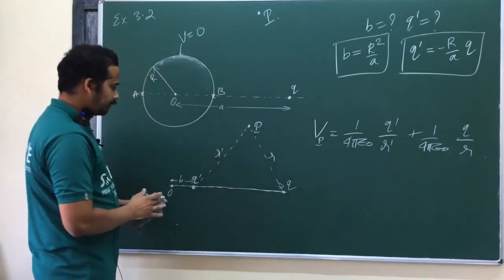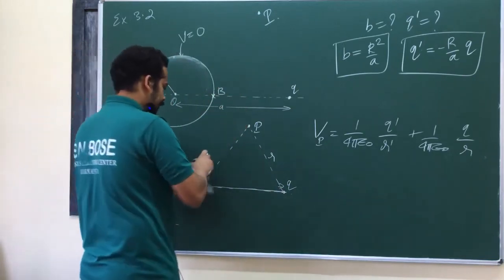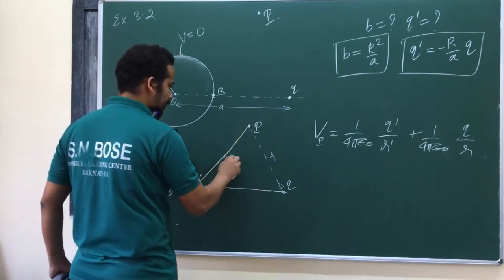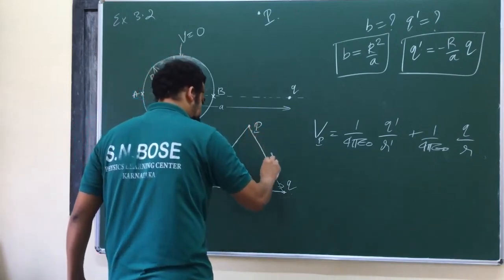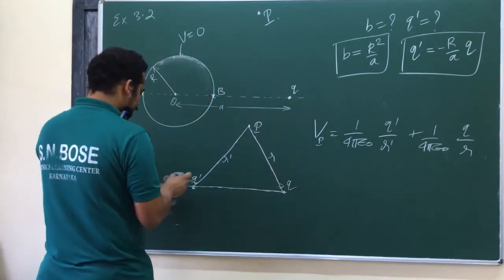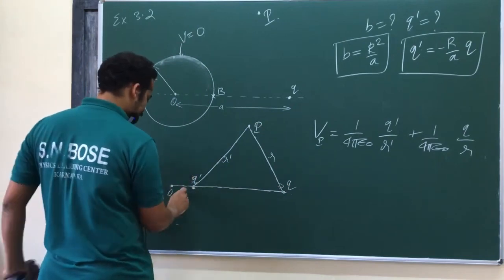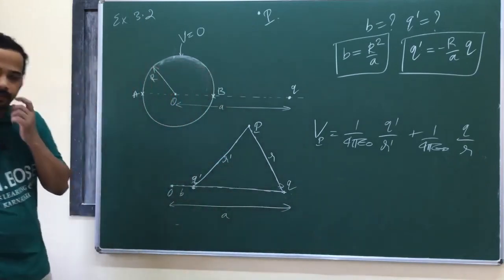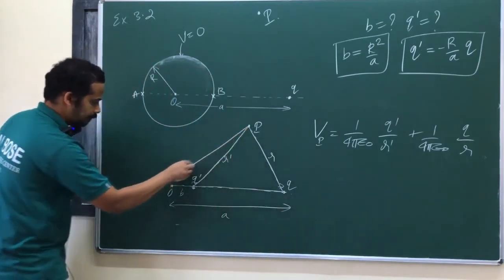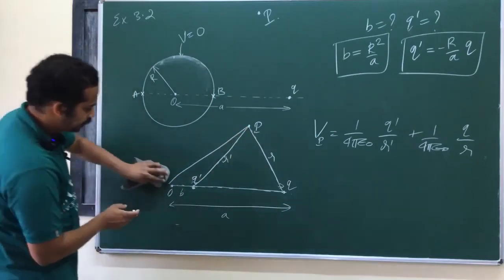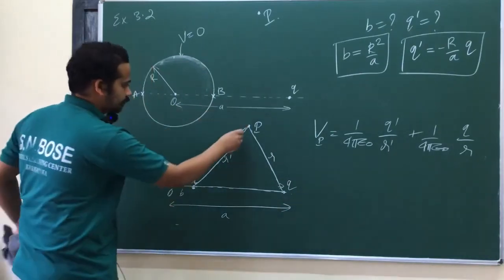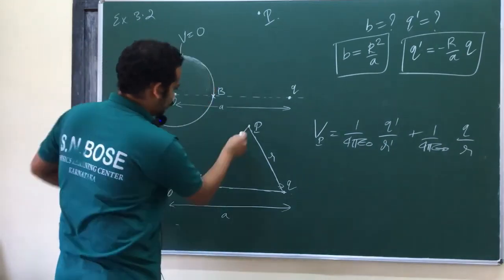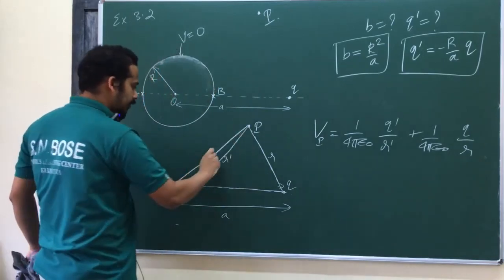Now, usually our point of interest will be this is R prime. This is R. Our point of interest will be usually this is A. Am I right? This is actually the R vector.